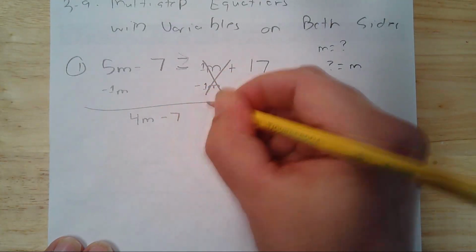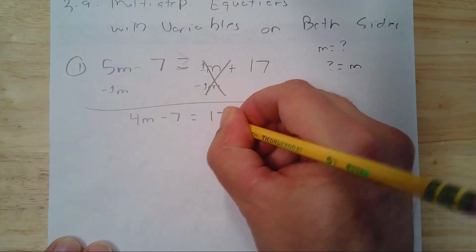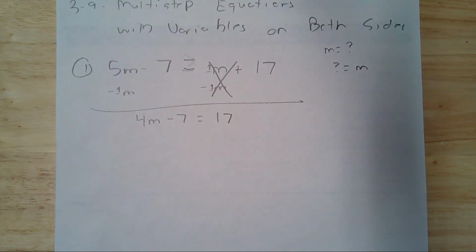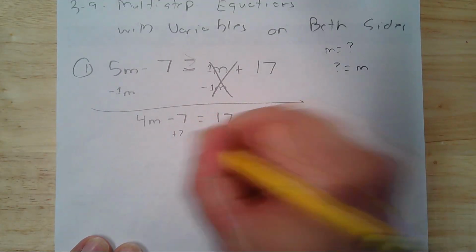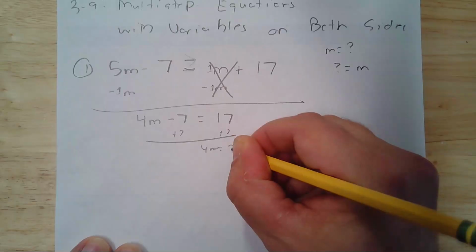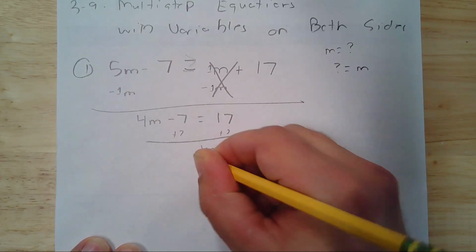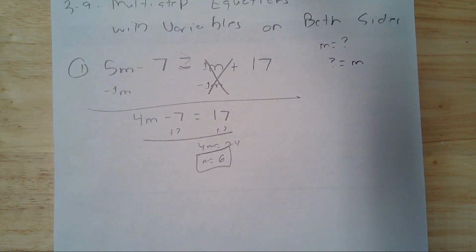I still got minus 7. That equals 17. At this point, it's just a two-step equation, right? So I'd add 7 to both sides. 4m is 24. M equals 6. M equals 6. That is the correct answer.